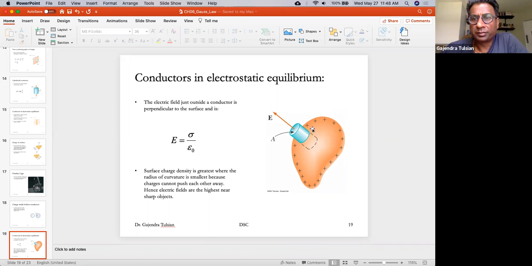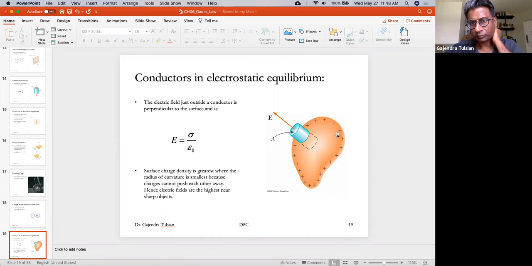Now here's a metal object, and let's say you place a bunch of excess charge on it. We just learned that on a metal, all the charge resides on the surface. If these were positive charges, they want to repel each other and be as far away from each other as possible.